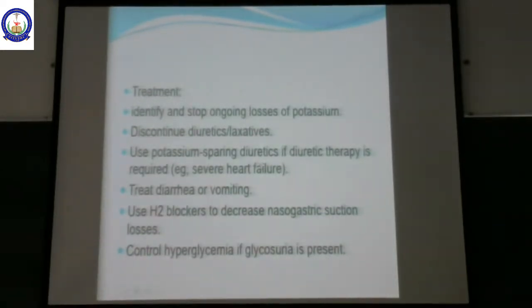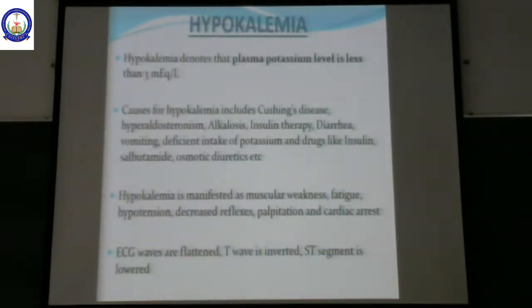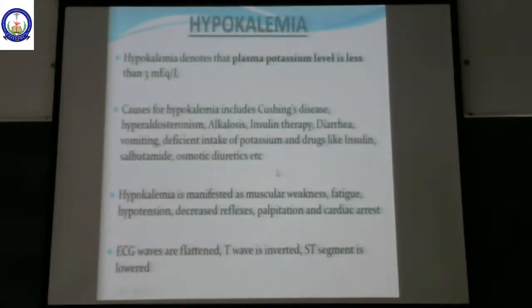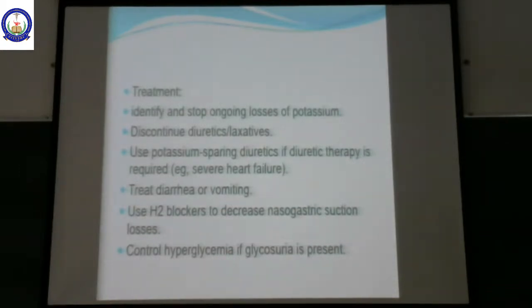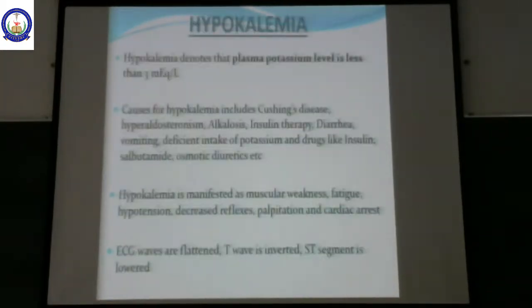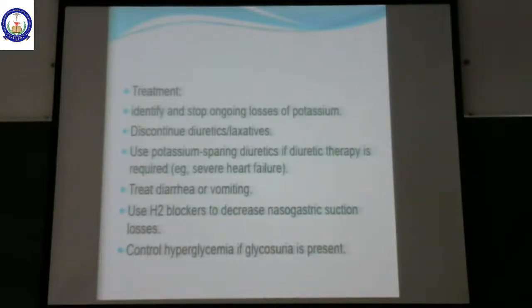Use potassium sparing diuretics. There are some drugs like spironolactone, as I told you in the previous drugs. They can cause increased loss of potassium. So in those cases, you will have to give them potassium sparing diuretics.